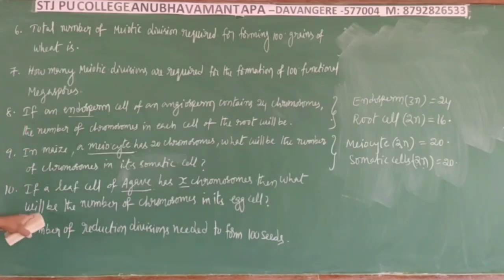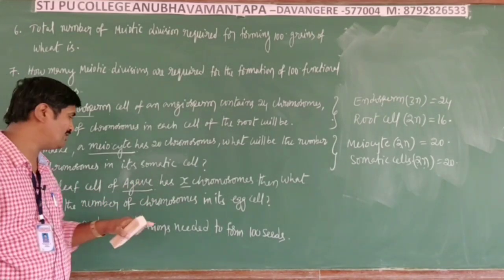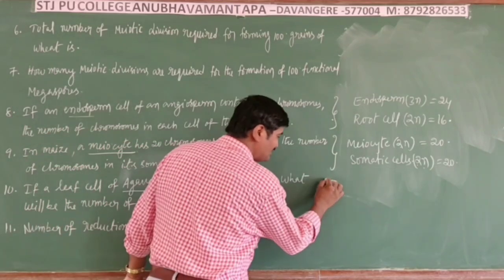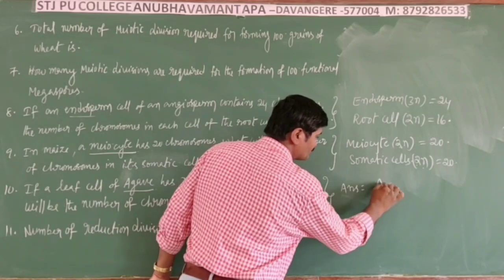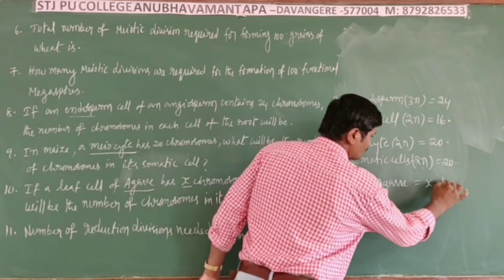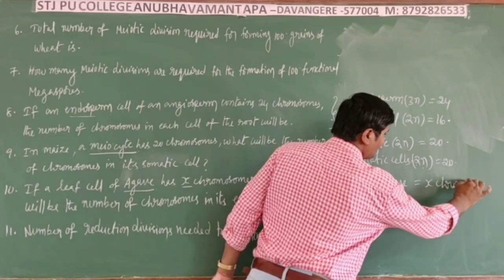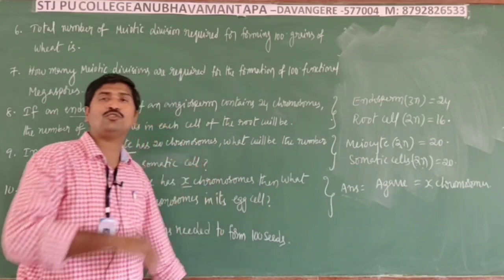Then what will be the number of chromosomes in its egg cell? Here the chromosome number is not mentioned, directly X chromosomes is given.